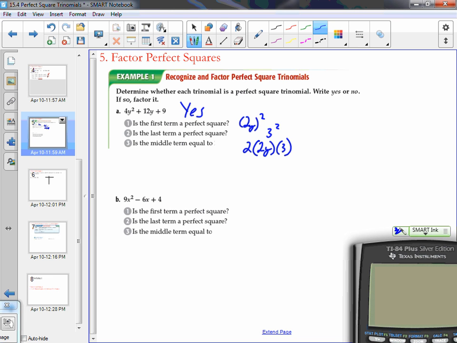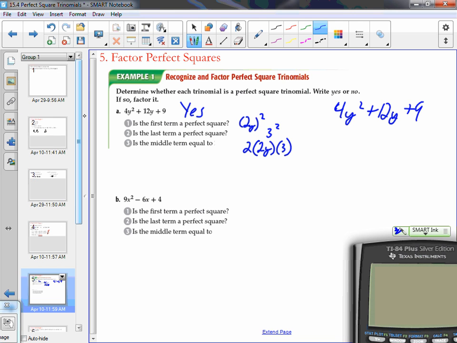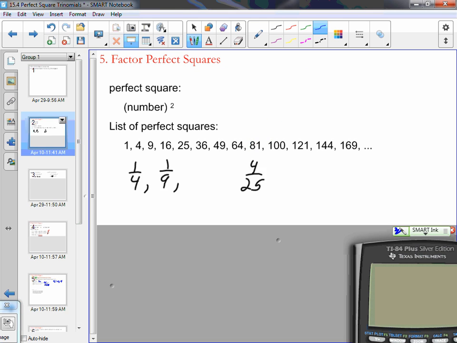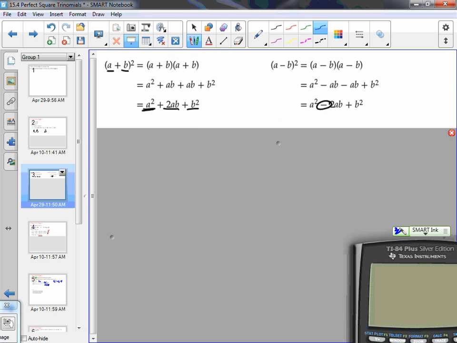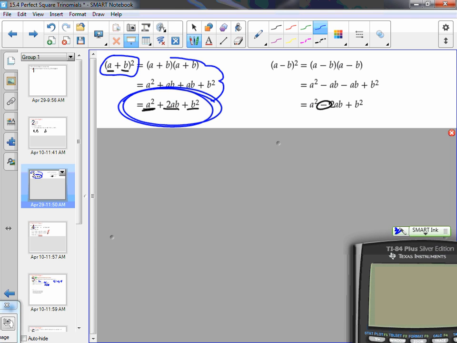Now, so what? That means that 4y squared plus 12y plus 9, remember, where was it? Was it here? No, here. We've got this, don't we? So we've got to be able to go backwards and arrive there.